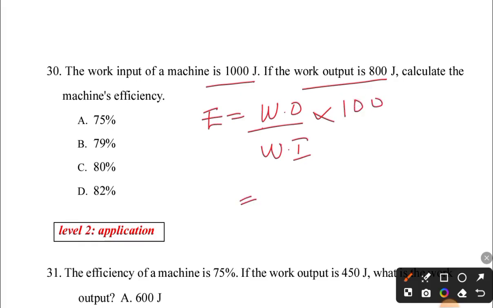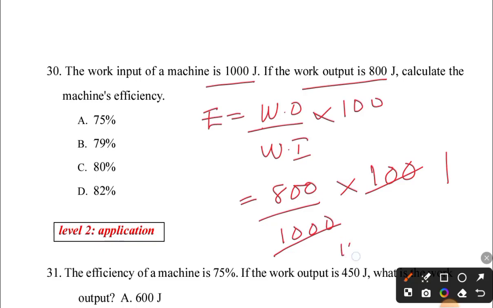So the work output is 800 joule over the work input is 1000 joule multiplied by 100. So 100 here, 1, 100 here, 10, 10 here, 1, 10 here, 80. So our answer to question 30 is C.